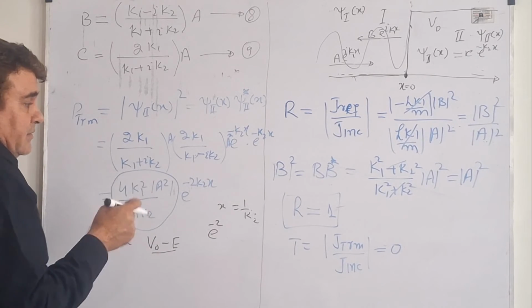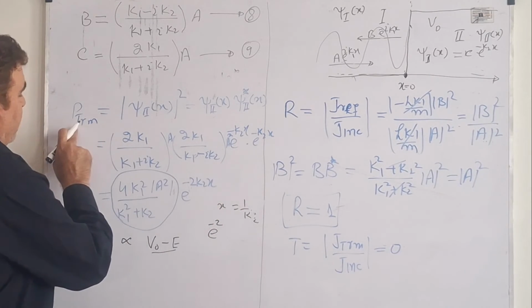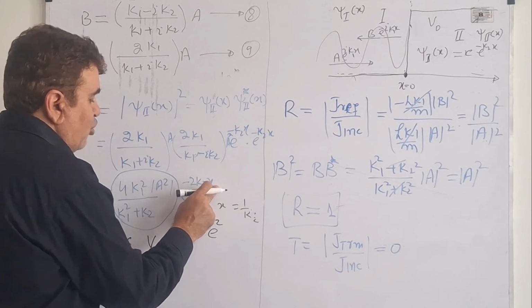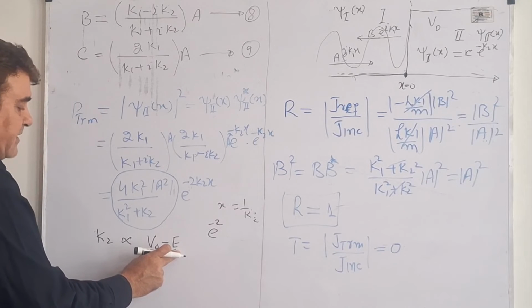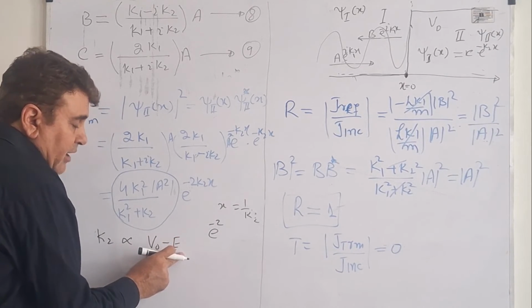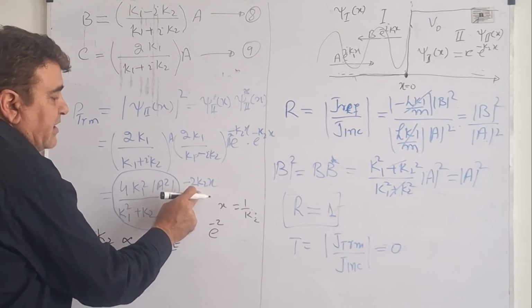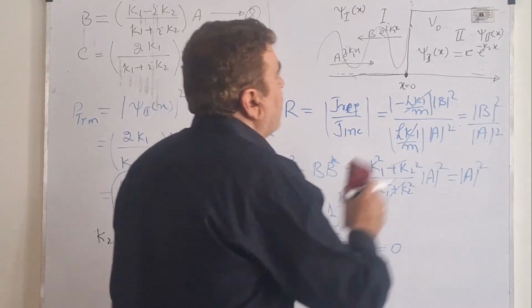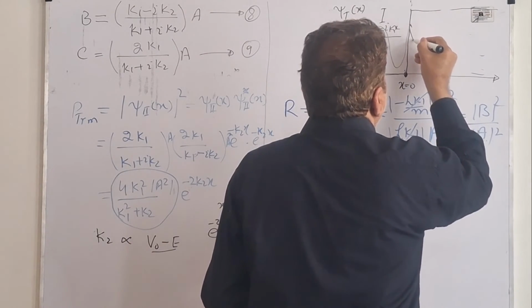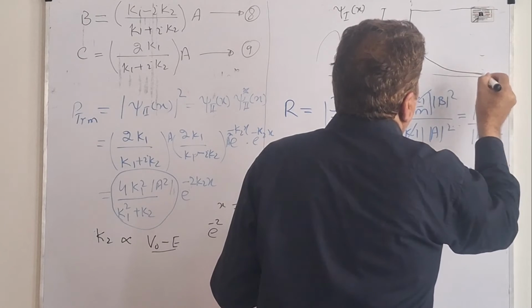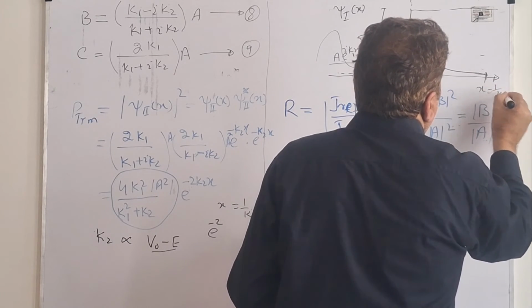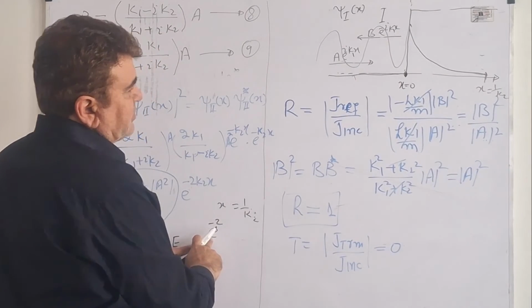So this equation tells us that the probability is non-zero but decaying very fast with the increasing value of x and the increasing difference between V0 and E. For a fixed value of V0 minus E, the decay depends only on x. So what we have is a wave function like this. And this becomes negligibly small for x equal to 1 over k2, like we see over here, that becomes exponent minus 2.